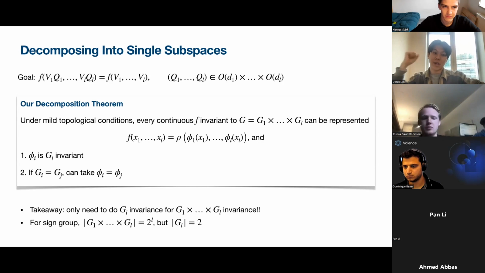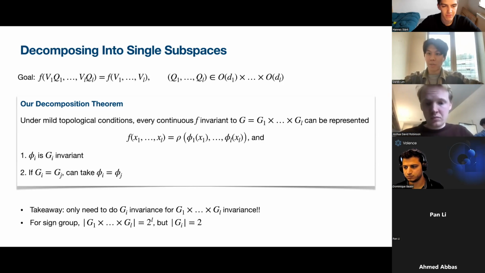Phi I processes xi and handles the GI invariance. So you process these independently, and then you have rho, which is an unconstrained function that just aggregates over these independently processed points.